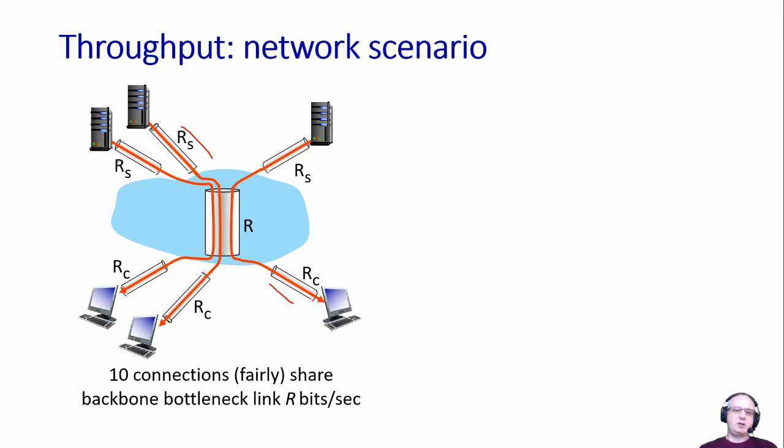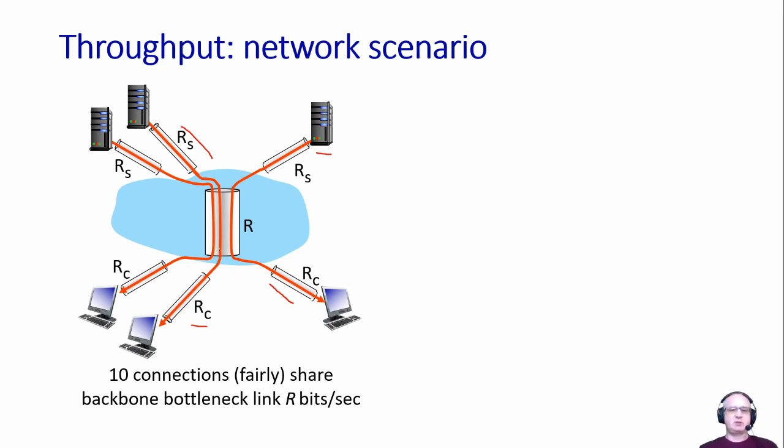Now, within the internet, of course, there are multiple connections that are in use at the same time. And there may be a connection between this server, for example, and this client. So these connections, these streams of packets, may share some links.